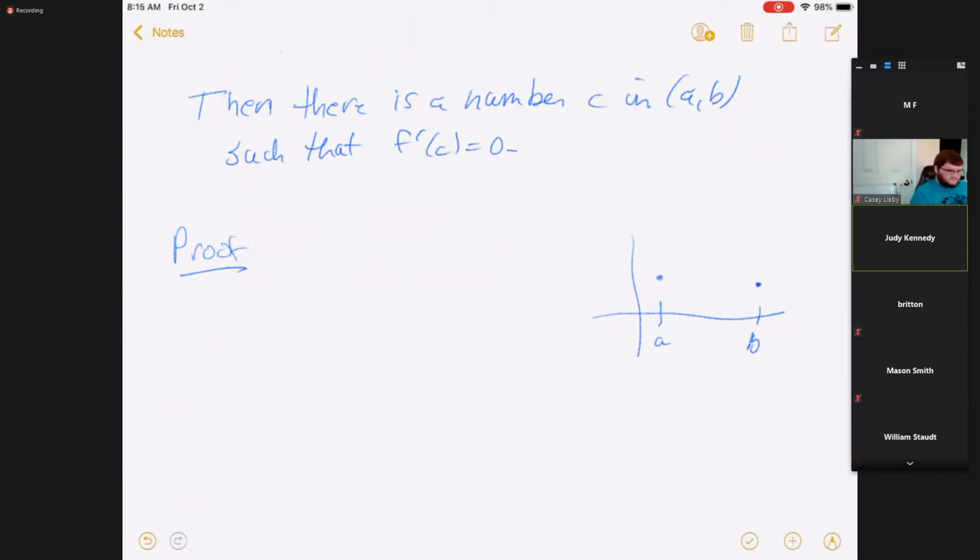The function could do a lot of things, but say it does something like that. Then f prime of C is equal to 0; the slope of the tangent line is 0. It looks like that's such a C and that's such a C.